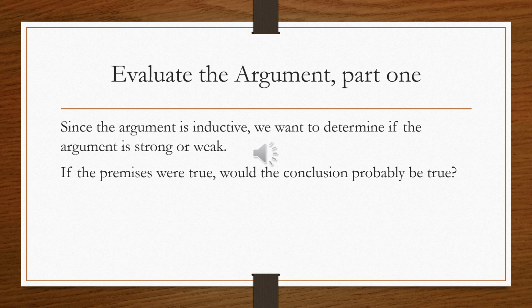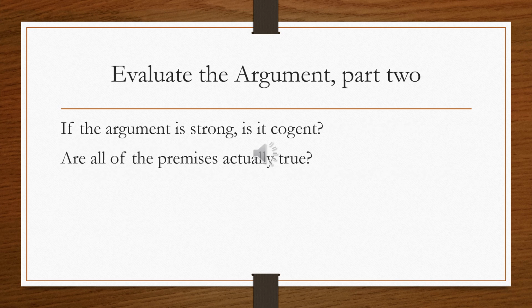But yes, it could be false. It's not necessarily the case. When people pull that kind of tactic, well, it could be otherwise, they're talking about possibility. Anything is possible. But when you're arguing inductively, the focus should be on probability. So if these premises were true, I think the conclusion would probably be true that we shouldn't buy or eat organic vegetables.